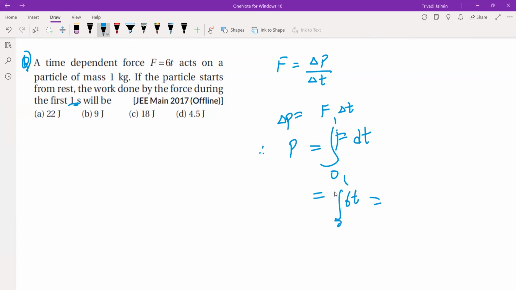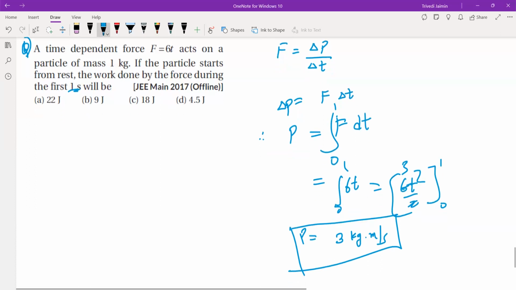Integral from 0 to 1 gives 6 t squared by 2, which is 3 into 1 minus 0, that is 3 kilogram meter per second momentum.